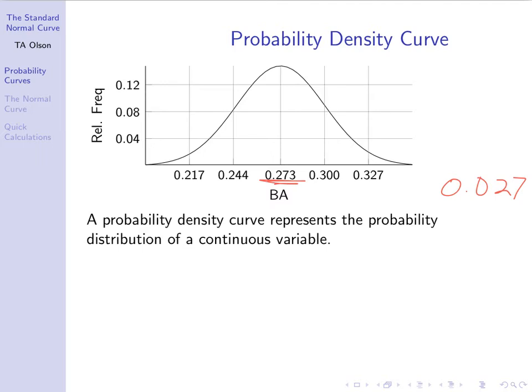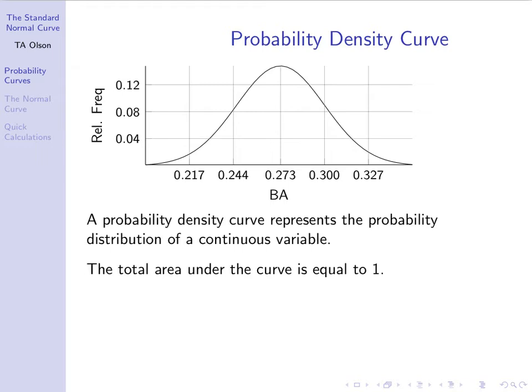Okay, so if I look one standard deviation above, that's 300, and one standard deviation below, that's 244. There's going to be about 68% of the data in here. Between 217 and 327, there's going to be about 95% of the data. And if we look out a little further, I'm going to capture almost all of the data.